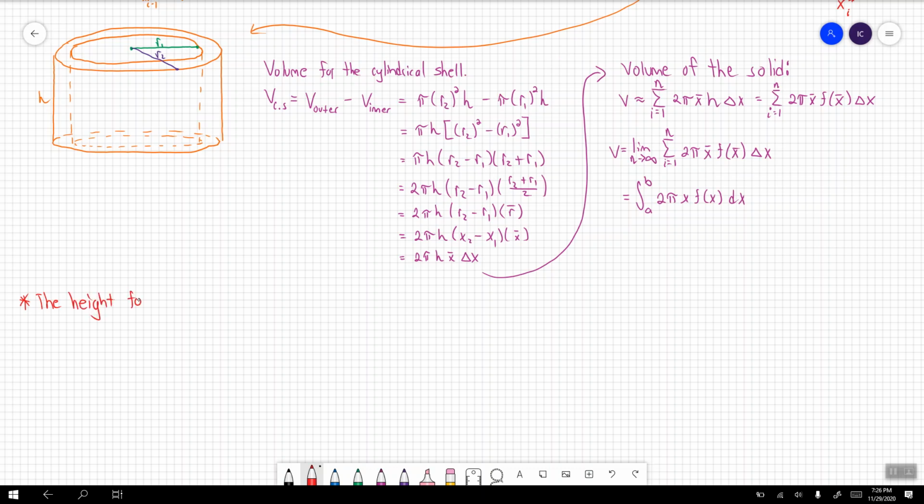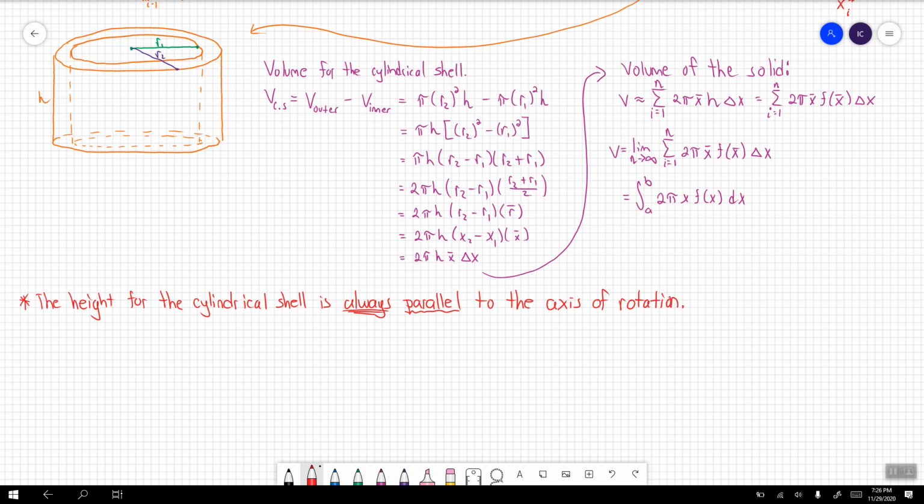The height for the cylindrical shell is always parallel to the axis of rotation.